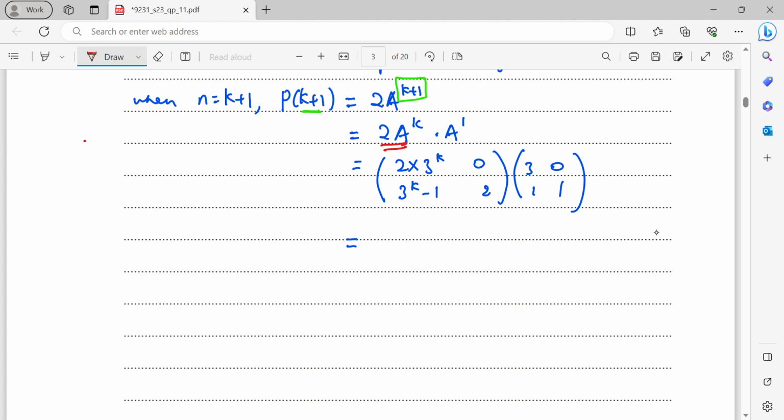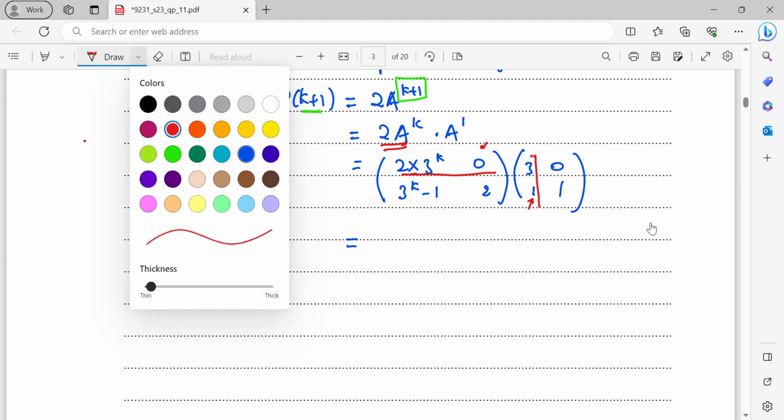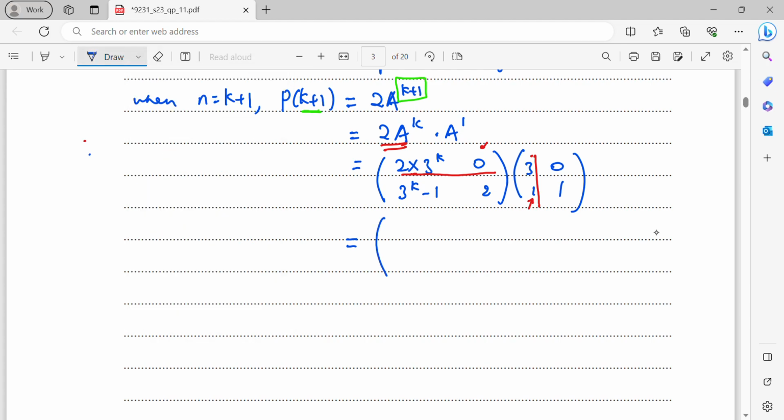What we do here is row 1 times column 1. So the first elements, 2 times 3 power k multiplied with 3, then plus the multiplication of the next two elements. So here I will get 2 times 3 to the power of k, then times another 3, plus 0 times 1 is 0.